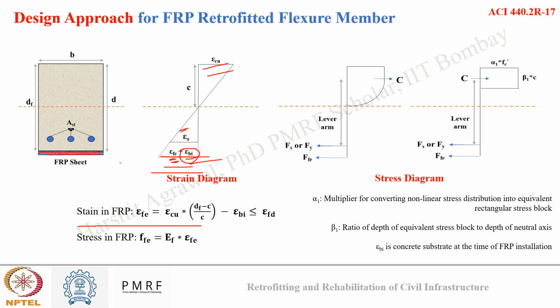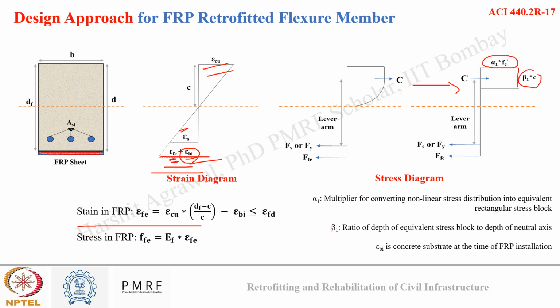In the stress diagram, we can see above the neutral axis we have the concrete stress block that is taking compression. This block is usually parabolic, but for simplicity in design, we can convert it into a rectangular block with the side alpha 1 times fc dash and the width beta 1 times c.